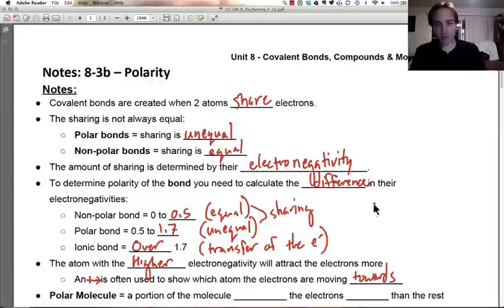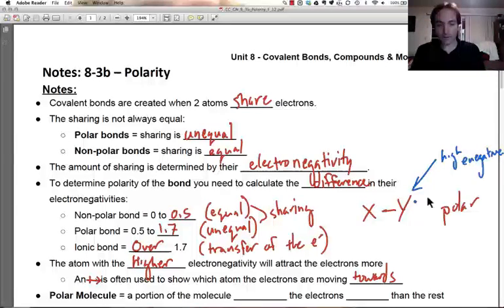Let me give you an example. If we had an X and a Y, just two elements bonded together, and let's say this is a polar bond, and in this case Y has the higher electronegativity.